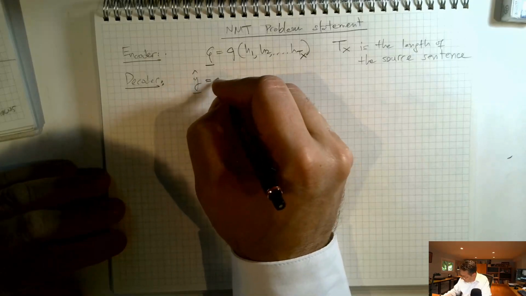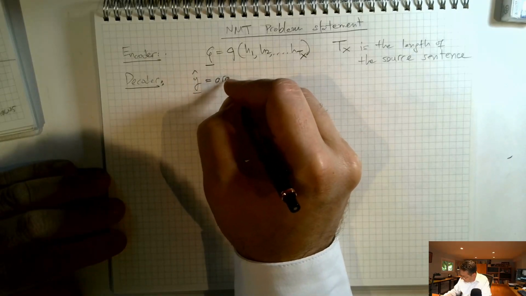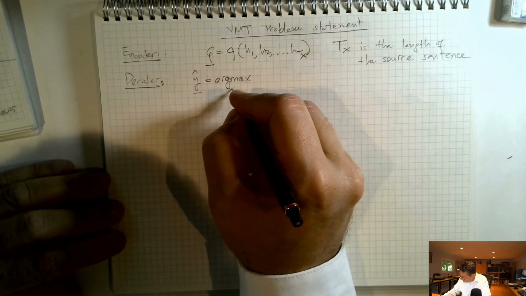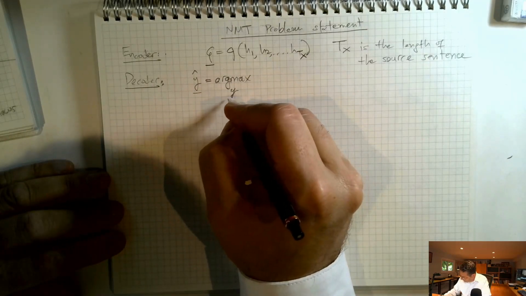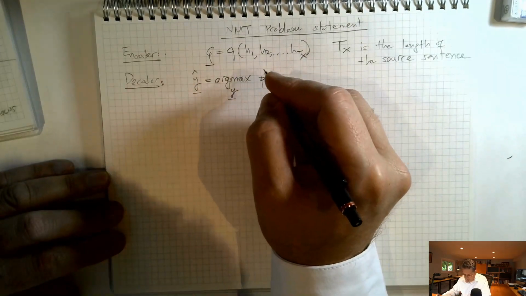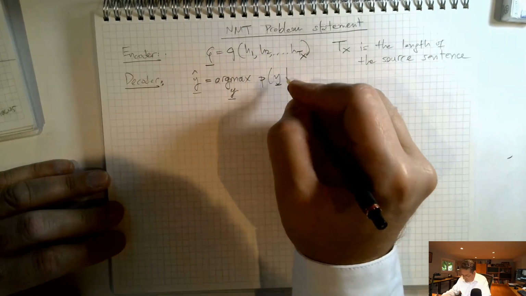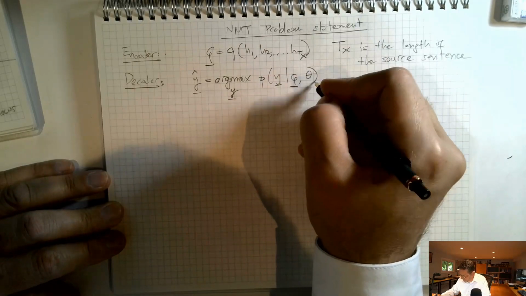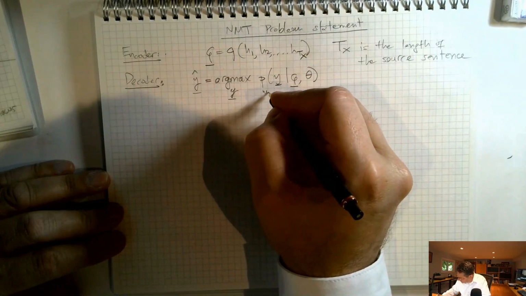So we have here an argmax over all sequences y of p of y given phi comma theta. So this is the P model.